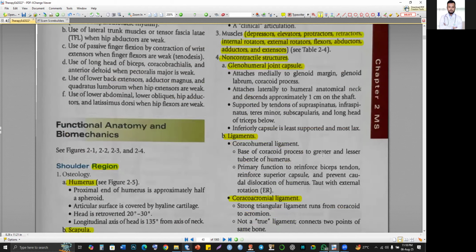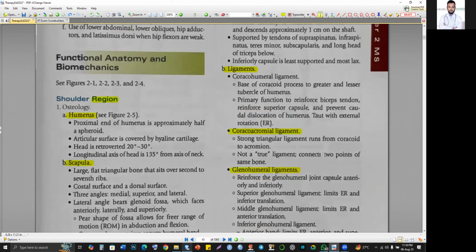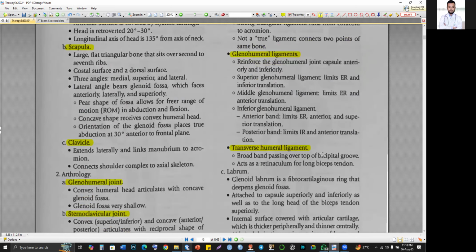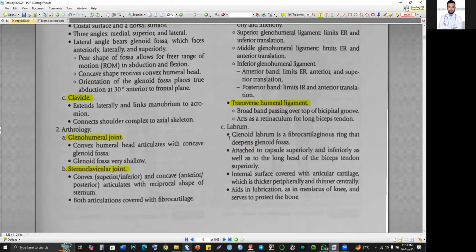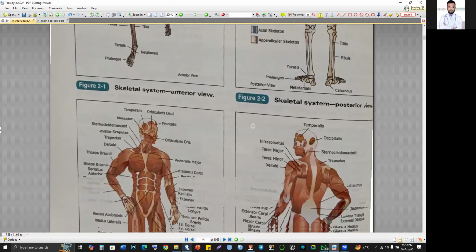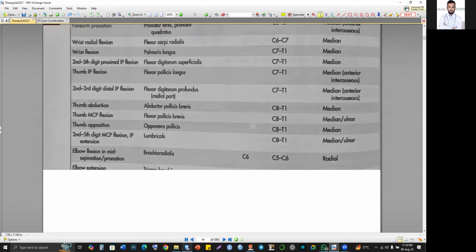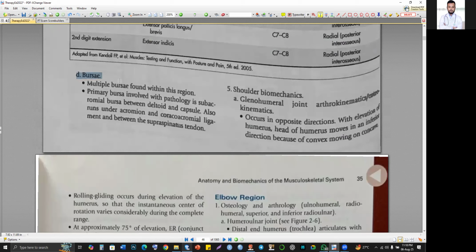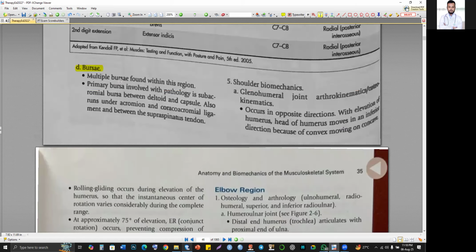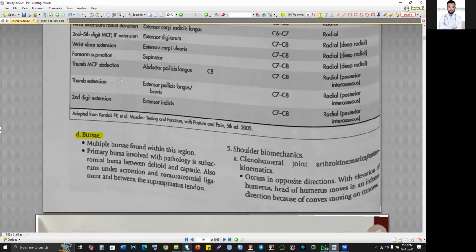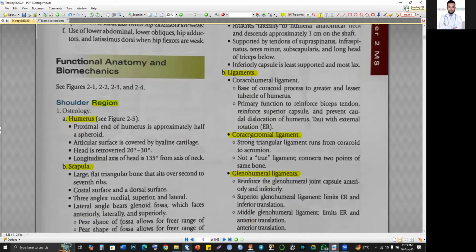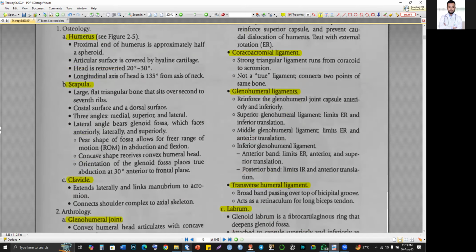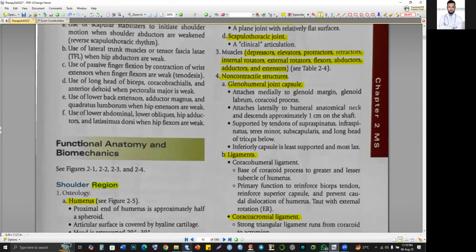Also, the labrum is included. So the glenohumeral joint capsule is the first, then the ligaments, then the labrum, and bursa. So these four structures, ABCD, are mentioned as non-contractile structures in the shoulder joint in this book: capsule, ligaments, labrum, and bursa.